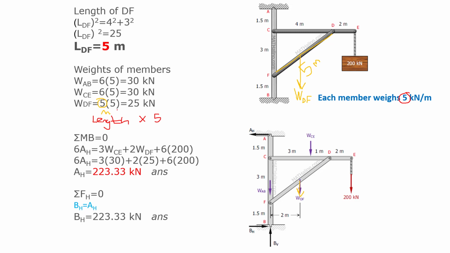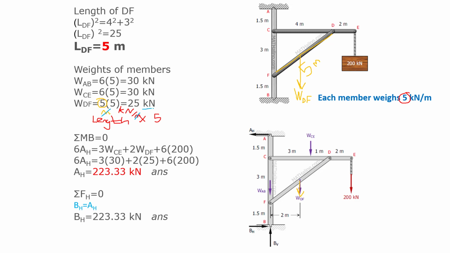Let's write the units. So this, when you multiply, this m and this m is deleted.